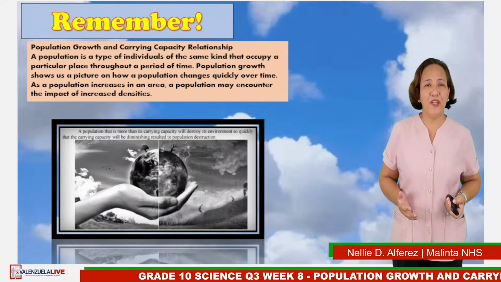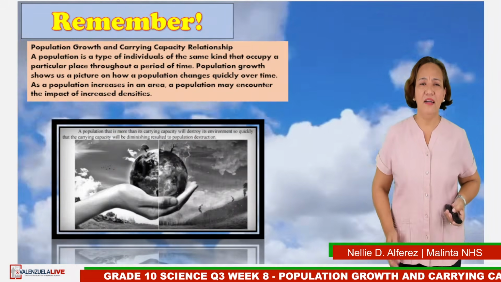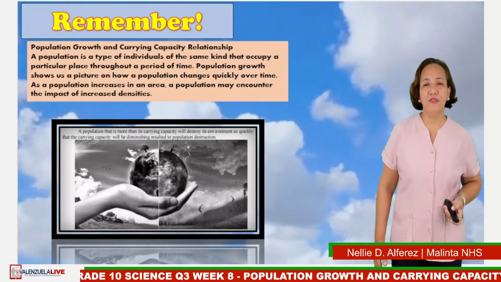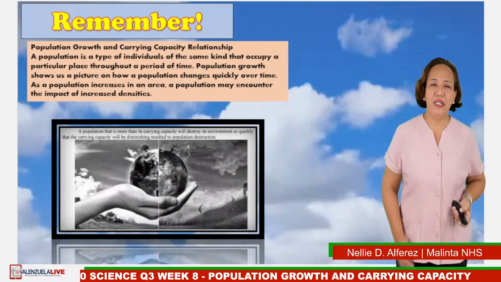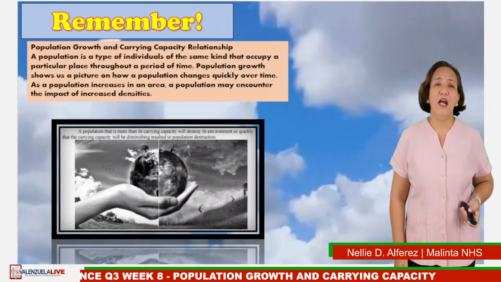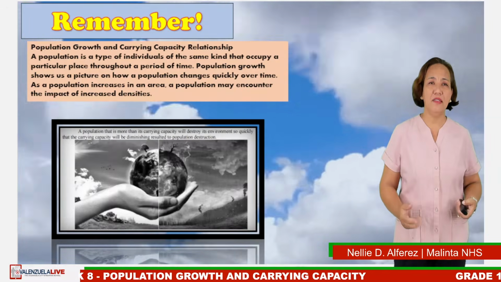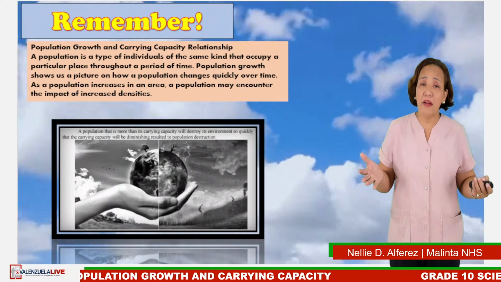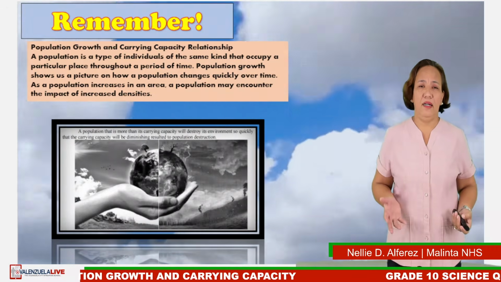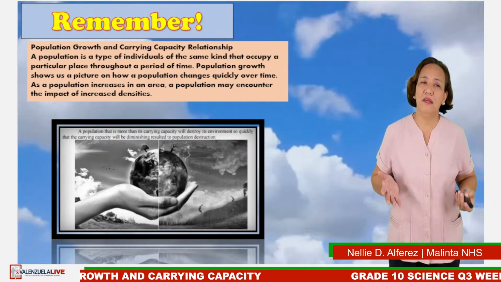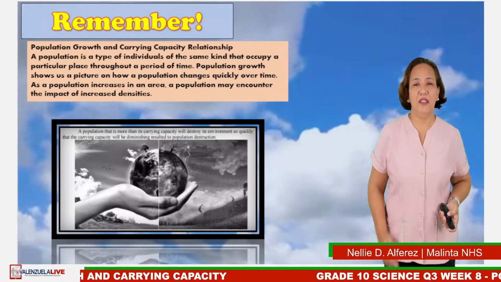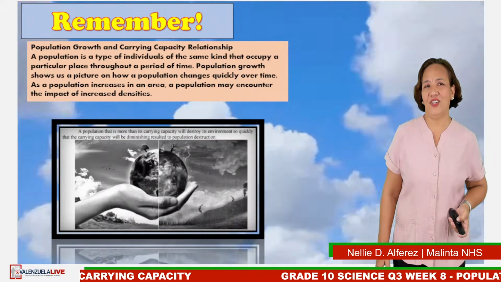As the population increases in an area, a population may encounter the impact of increased densities. A population that is more than its carrying capacity will destroy the environment quickly, so that the carrying capacity will be diminishing, resulting in the population's destruction.